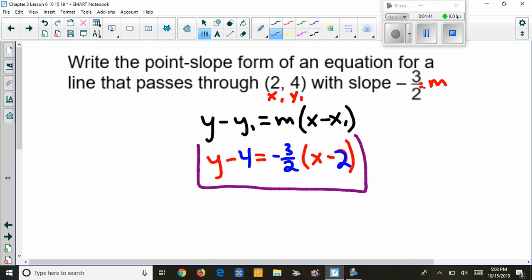And that is simply how we take the given information and put it into the point-slope form.